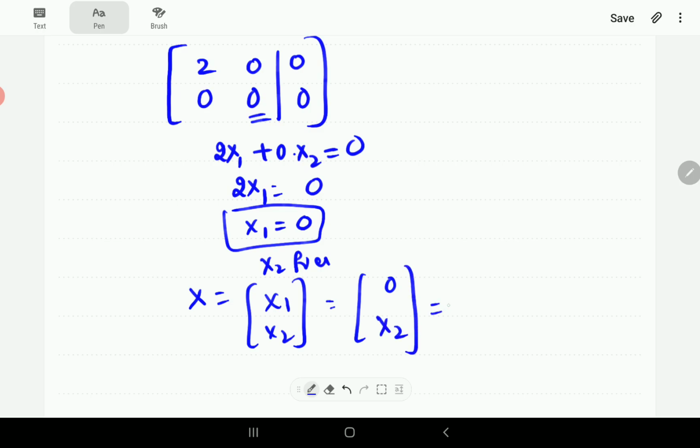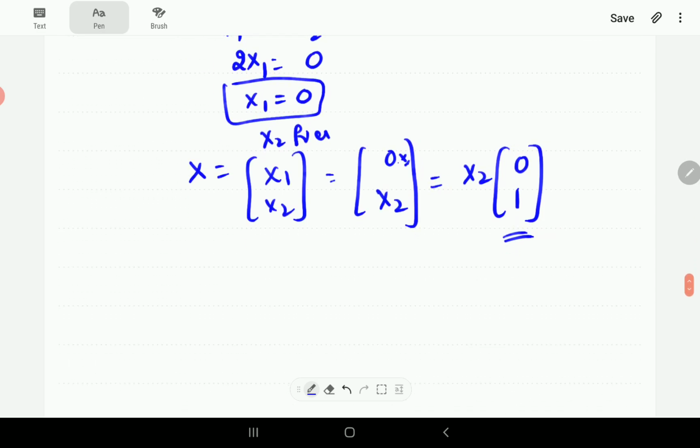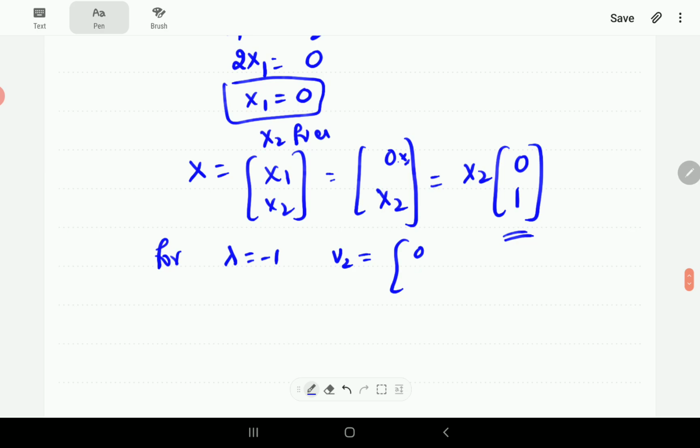So you can write this as x2 times (0, 1). So (0, 1) will be your eigenvector 2. Therefore, for lambda equal to -1, your eigenvector, let me take it as v2, is (0, 1).